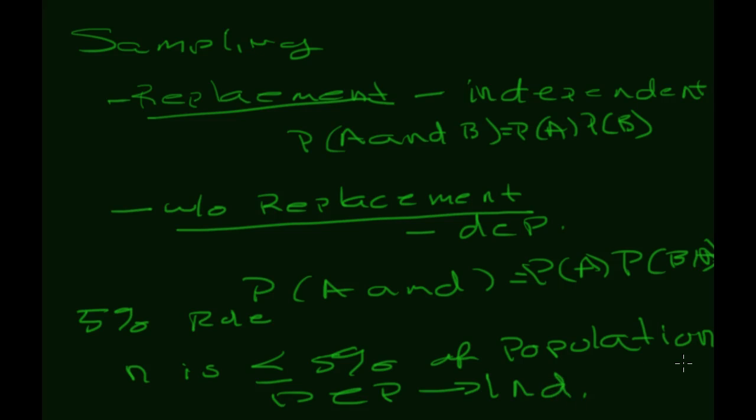Okay, and the independent calculation is much easier because you don't have to calculate a conditional probability, the B given A. You just have to have the probability of B. So we're going to call that the 5% rule, and it comes into play when you have a large population and a small, less than 5% sample.